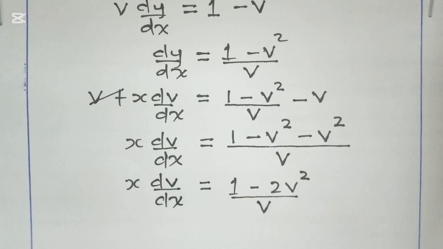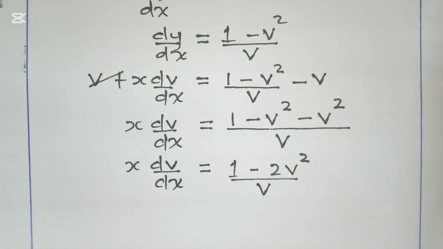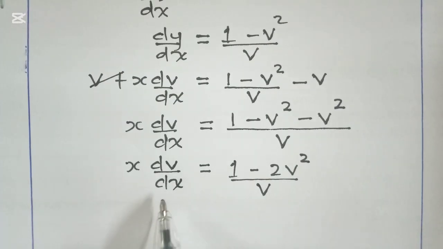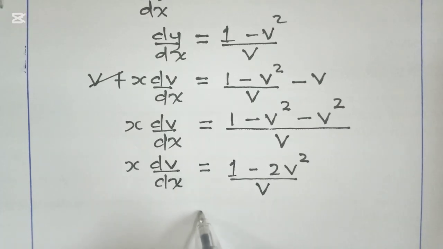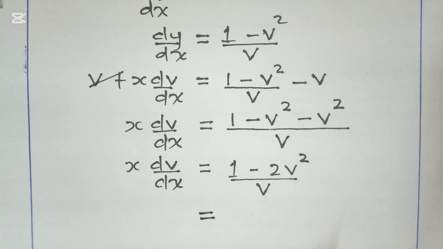From there, we can separate variables, whereby v goes on one side and x goes on the other side, making sure that dx and dv will be numerator.